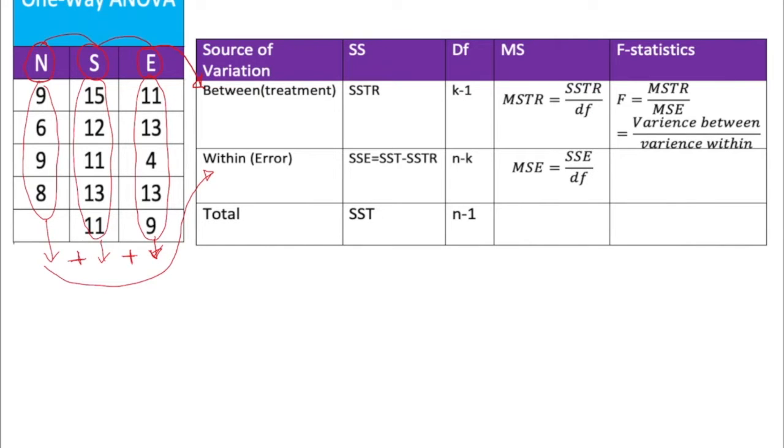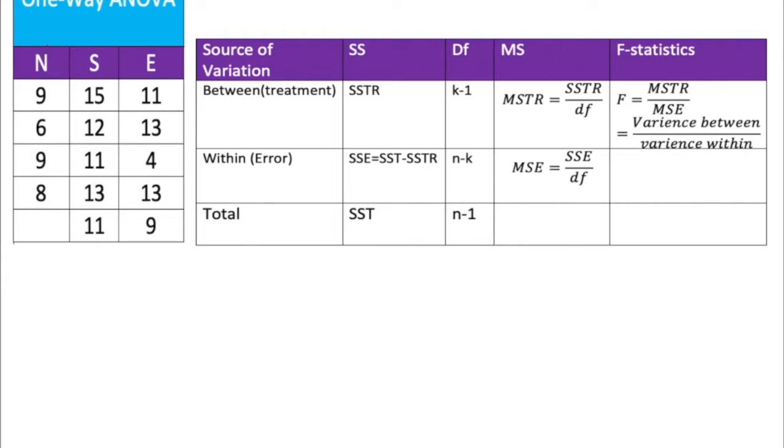Now, let's erase this. Now let's go with the understanding of this. So for the between, we work on what is happening in between. SS is a very straightforward formula.